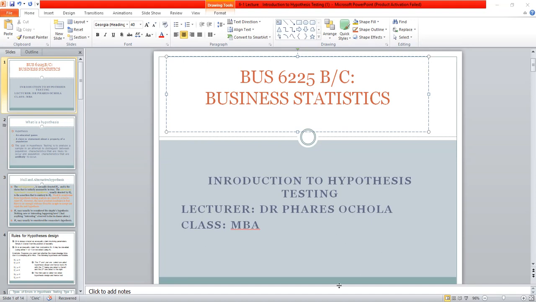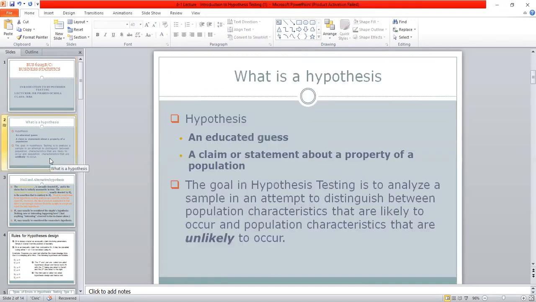Now, hypotheses normally are stated in pairs. The first hypothesis you test, you state from a position of neutrality. You remain neutral. So that hypothesis, which is stated from a position of neutrality, is called the null hypothesis.